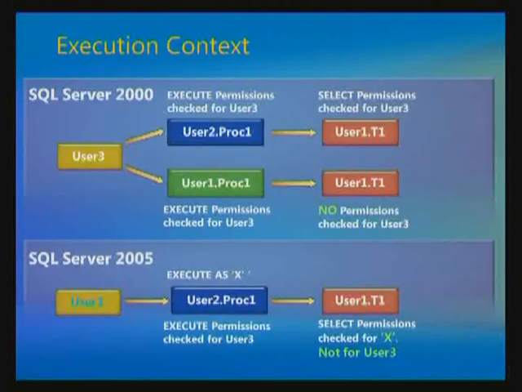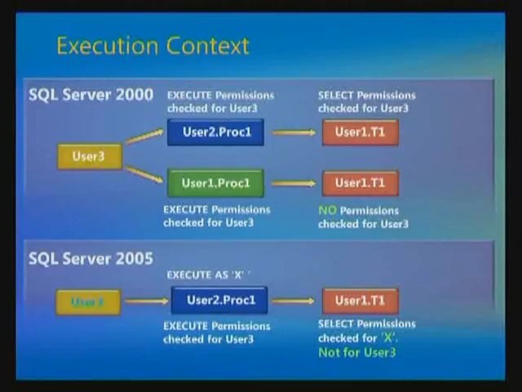And that execution context now becomes who you're running as. Your SQL Server security token has that as who you are. You can in fact stack these to any arbitrary depth. So if I call a stored procedure that executes as X, and it calls a stored procedure that executes as Y, on my execution context stack, I have my original context, then I have X, and I have Y.